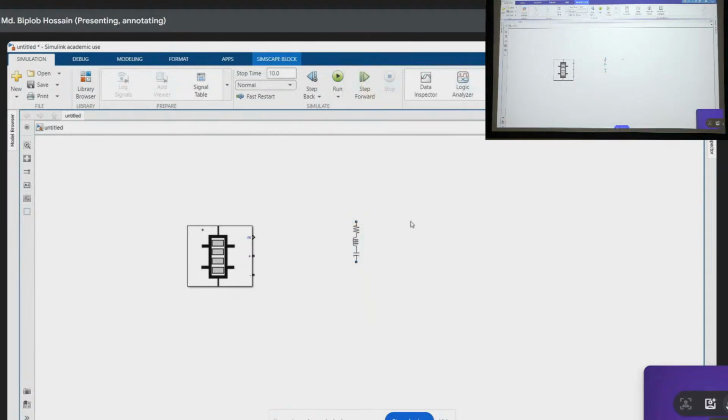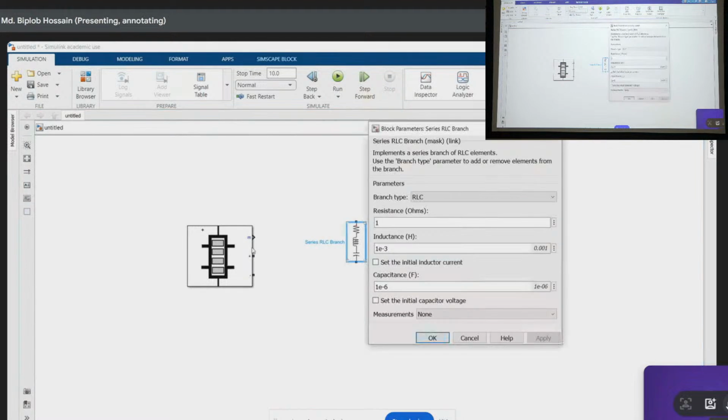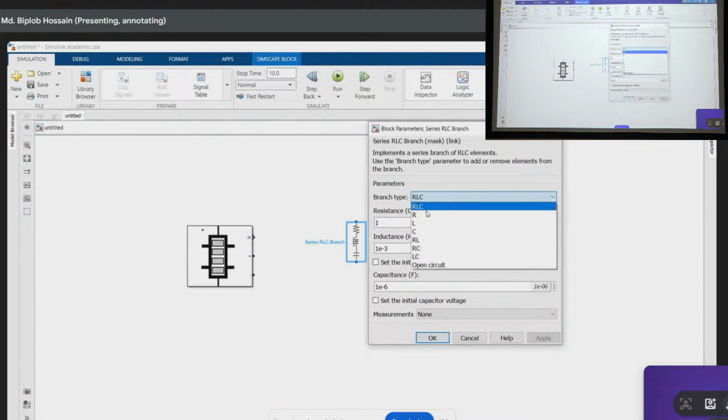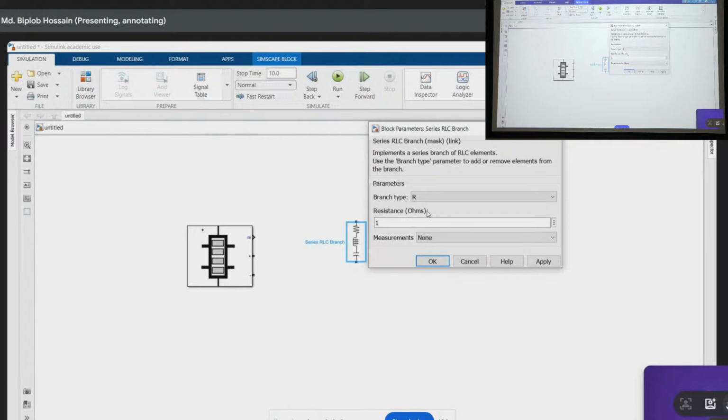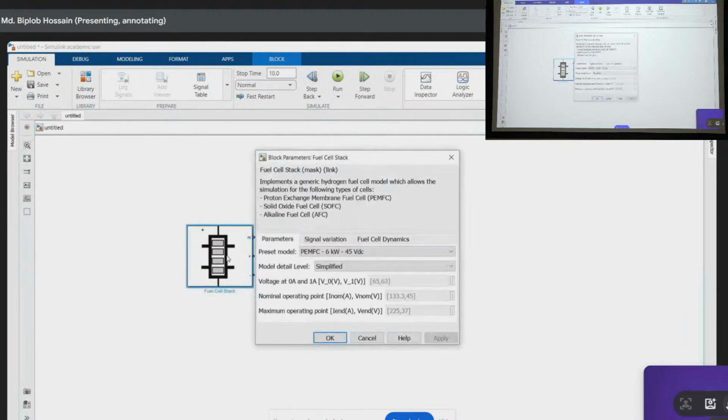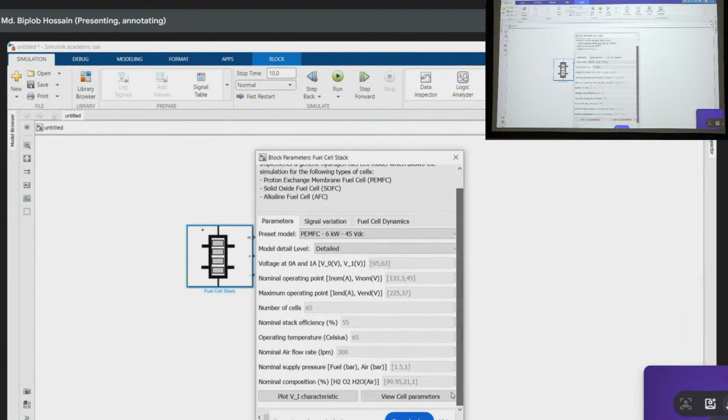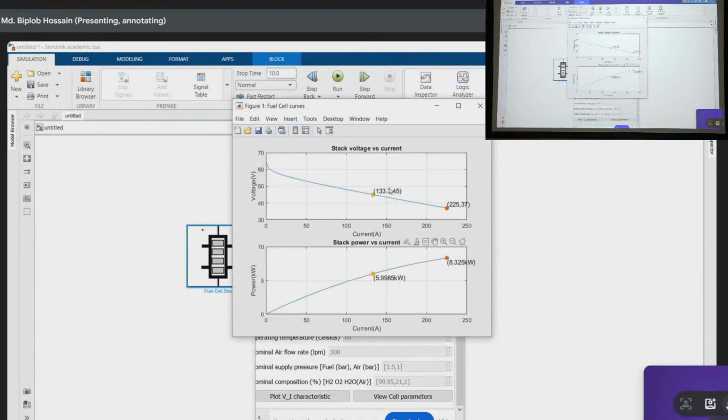If we want to change the parameters, just double click, similarly to the fuel cell. If we want to take only resistance, we can take that. For example, the current is this much and the voltage is this.